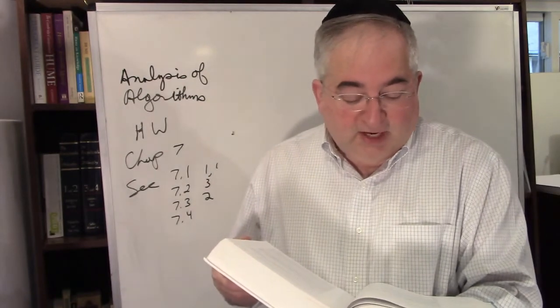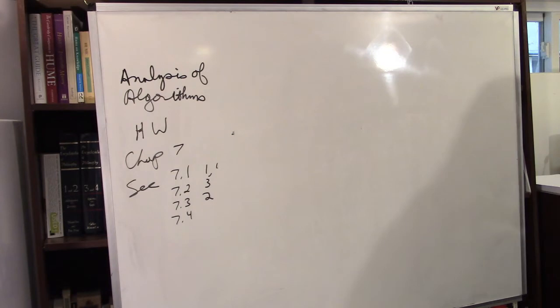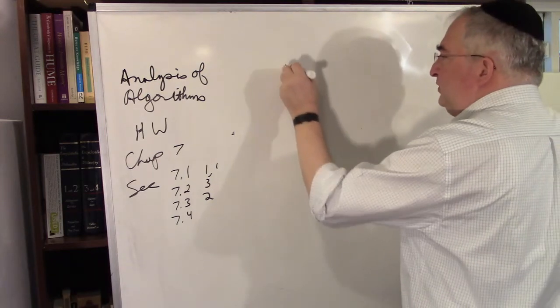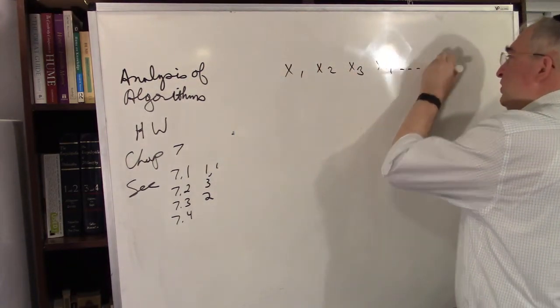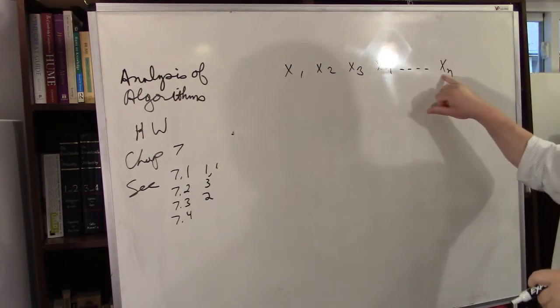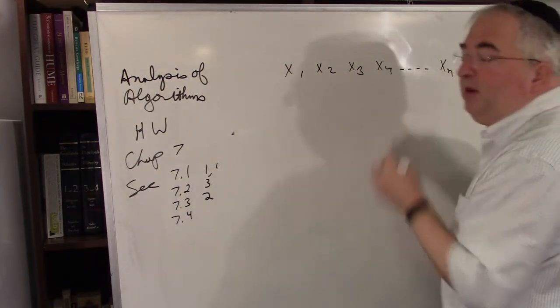How about the best case? Give your answer in terms of theta notation. So here's the random number generator. You have a bunch of numbers, x1, x2, x3, x4, xn. Rather than pivoting around the last element, you randomly choose an element and you pivot around that.